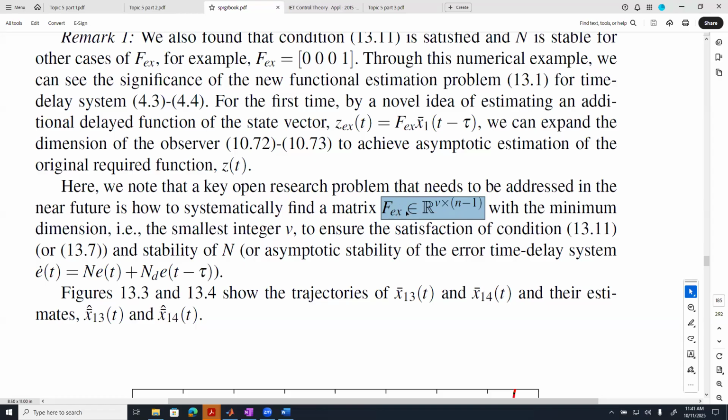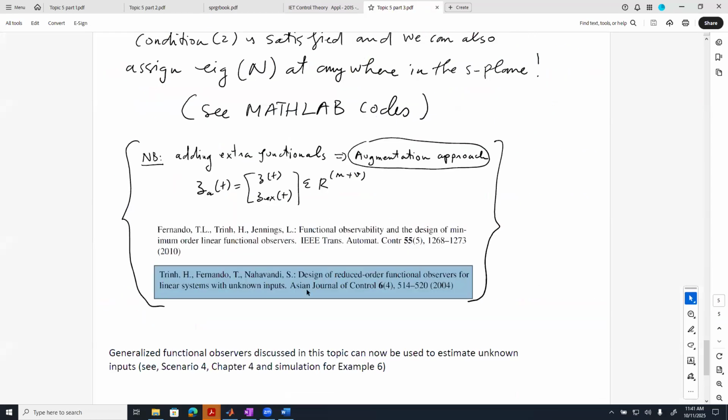That's why we just find these extra rows from the delay stack vector. So we want to know what the minimum number is and how to ensure stability, and that is something the reader can further investigate.